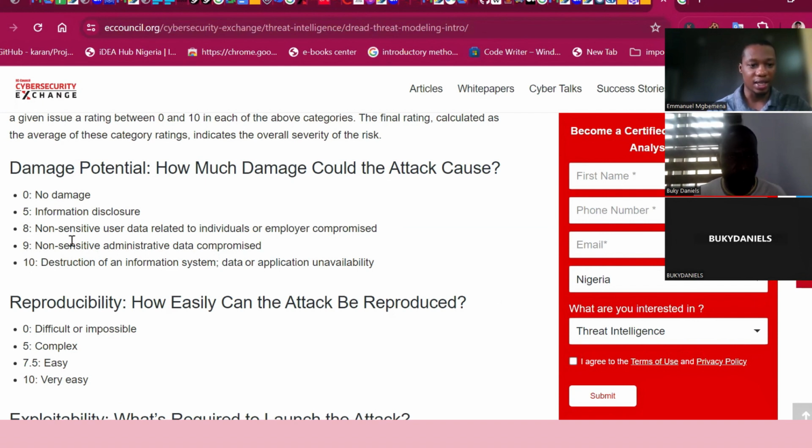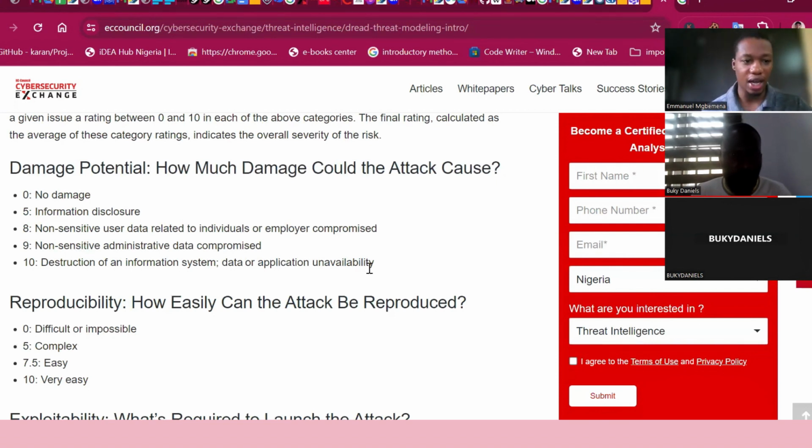So in this case, there's obviously damage, so it can't be 0. The options are: information disclosure, non-sensitive user data related to individuals or employees compromised, non-sensitive administrative data compromised, destruction of an information system, data and/or application.